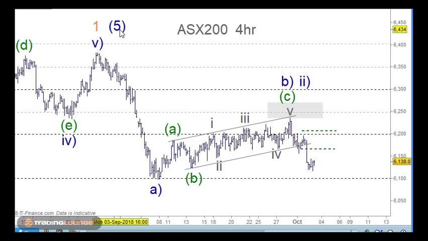So from the top here, I could only count 3 waves down here. 1, 2, 3, 4, 5 for wave 1 here and wave 2 here, and then all of this here just seemed to be a long third wave here.